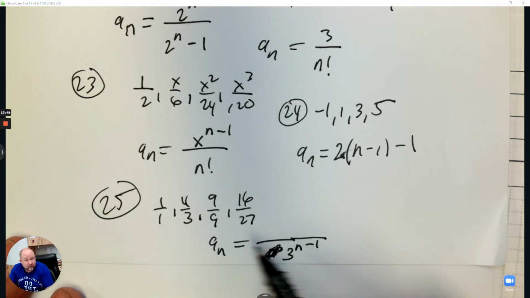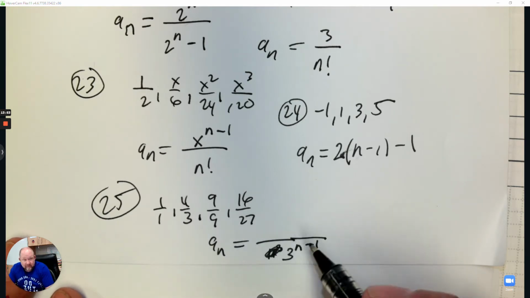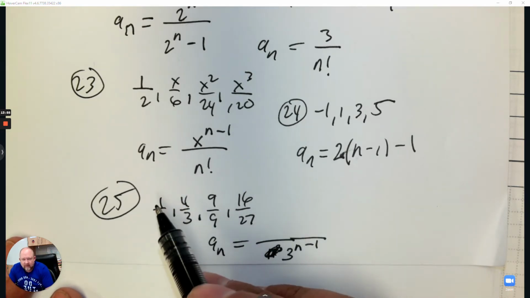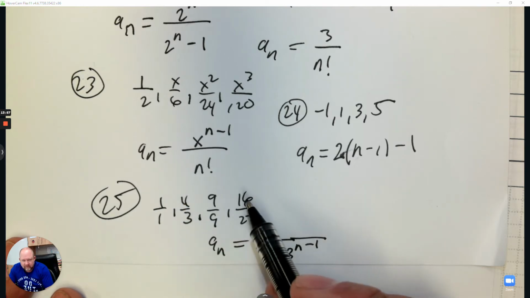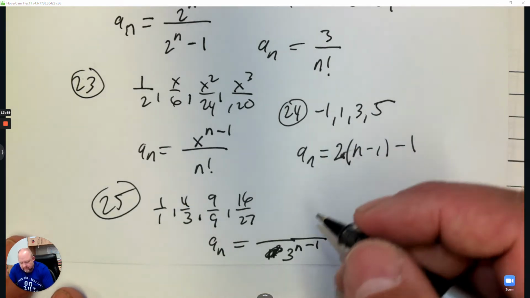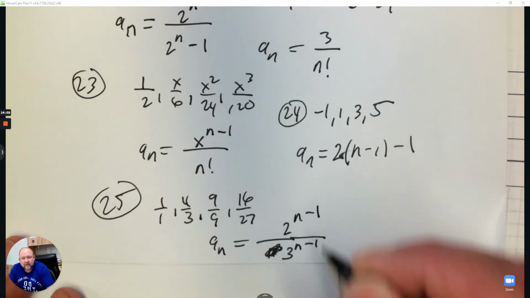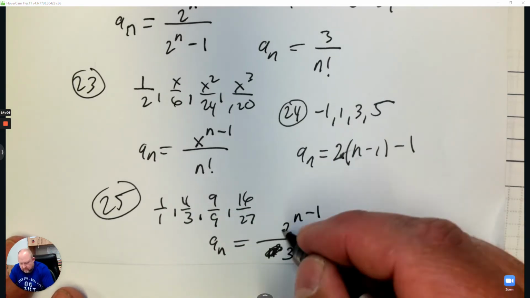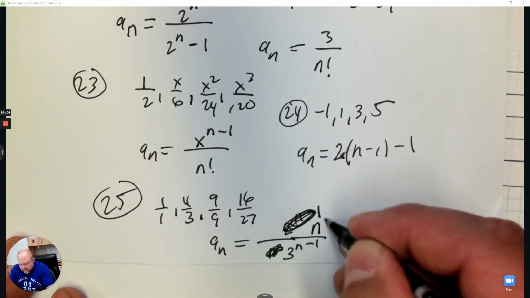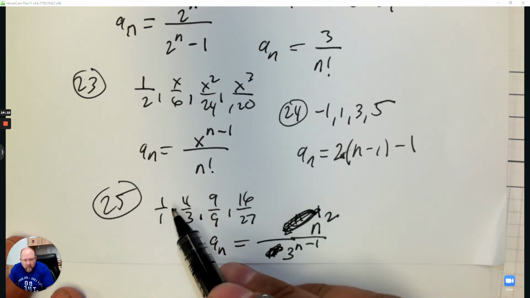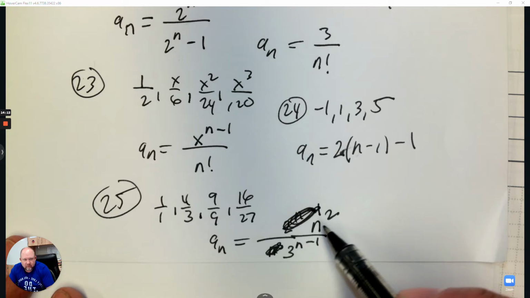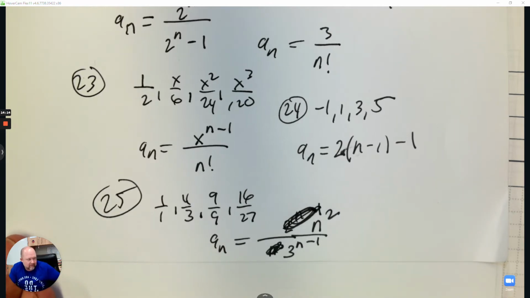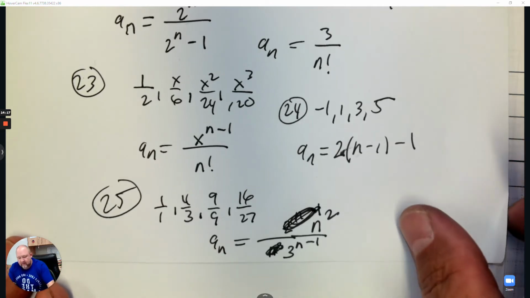And if I plug in 2 or 3 and so on, it is that 3 that you multiply every time, so it's geometric. This one, 1, 4, 9, 16, that's squared. So you're squaring it. So n squared, because 1 squared, 2 squared, 3 squared, 4 squared. So it's n squared over 3 to the n minus 1. All right, 26.